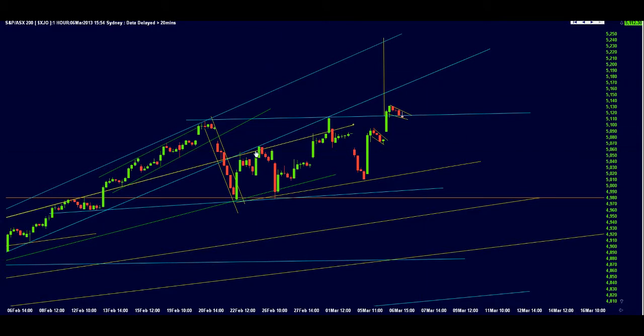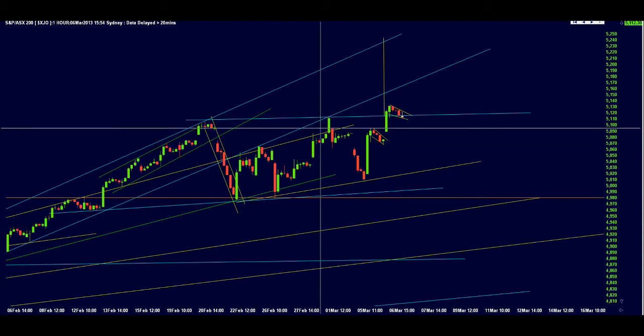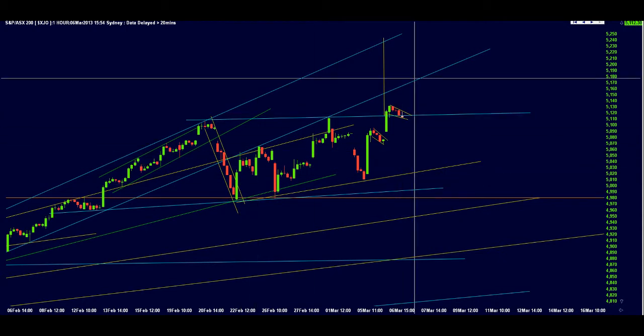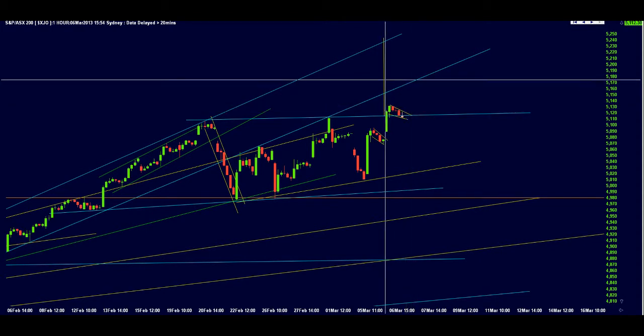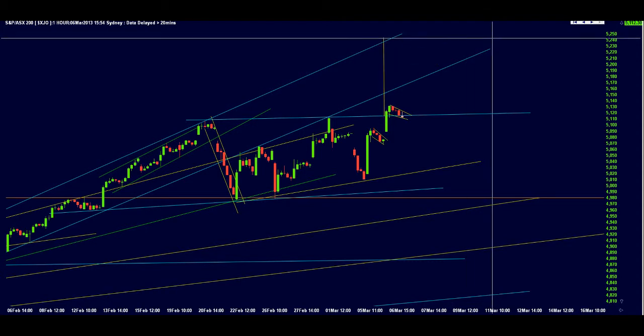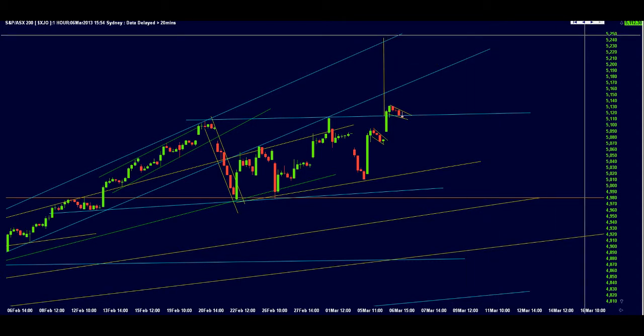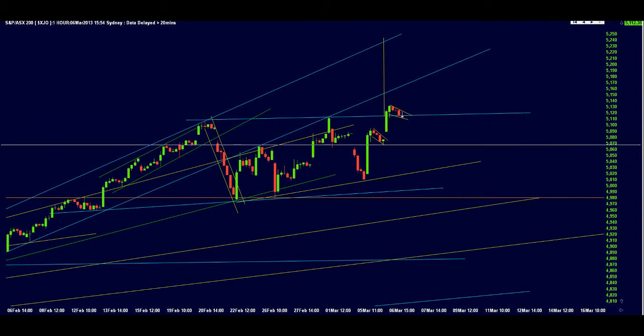And as we can see back here, after breaking out of this channel, we've back tested it a number of times, and this area is now acting as an area of resistance. And if we can see a little bit of strength tomorrow, we would still have that target of around that 5,240 area, 5,250 area as an expected target out of this consolidation pattern.